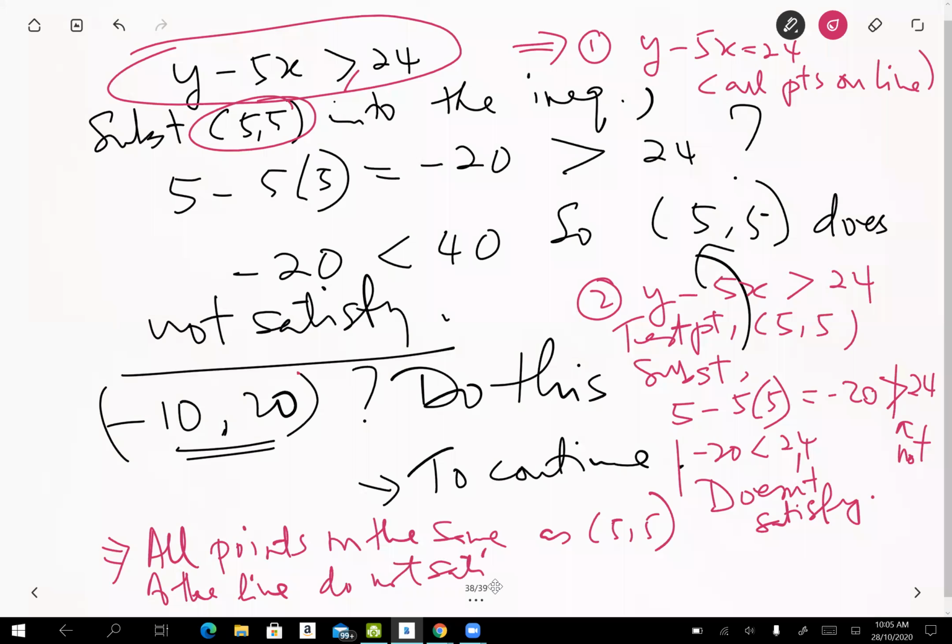So we need to only test one point. All the points on the same side of the line as the test point will not satisfy. So therefore, what is our conclusion? What is the answer? So therefore, what?